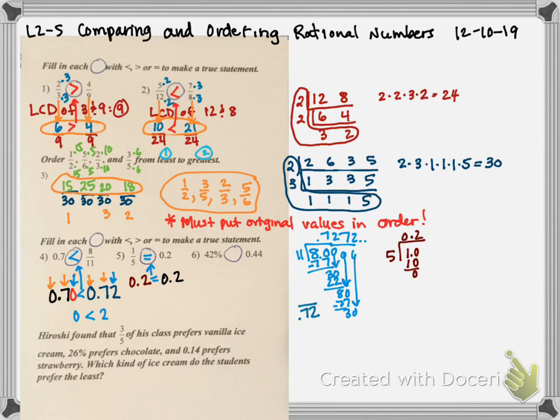All right, next one, we have 42%, and we want to compare that to 0.44, or 44 hundredths. So we're going to change the percent to a decimal by dropping off the percent symbol and then dividing by 100. So that gives me 0.42, and we're going to compare it to 0.44. And then we're going to go ahead and compare place value columns.